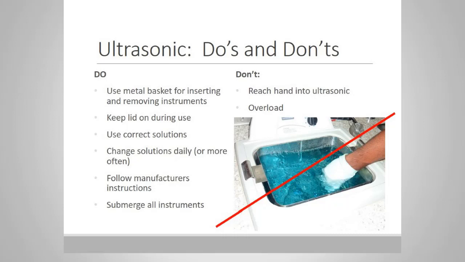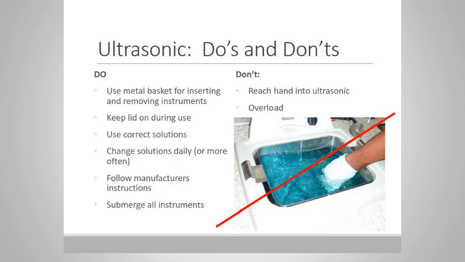So let's talk a little bit more about the ultrasonic cleaner. Here's some do's and don'ts. When you use an ultrasonic cleaner, do use the metal basket for inserting and removing the instruments. Do keep the lid on during use. Do use the correct solutions, and not only the correct type of solution, but also keep in mind the correct amount of solutions. Some of these ultrasonic tanks are 1 gallon, some are 2, some are 3.